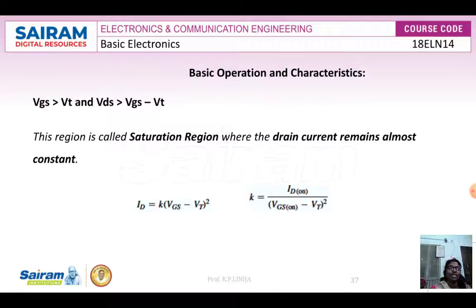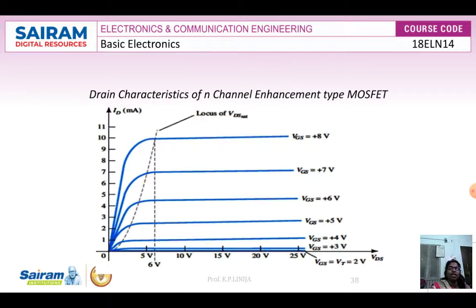Therefore, the drain current remains almost constant. We can write ID equal to K into (VGS minus VT) the whole squared, where K is ID on divided by (VGS on minus VT) the whole squared. Coming to the characteristics of the E-MOSFET, first we will see the drain characteristics as well as the transfer characteristics.